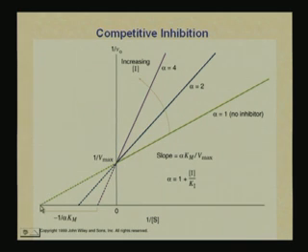This is my original minus 1 by Km. We increase the slope with inhibitor, right. Now, if I add more of the inhibitor, the slope is going to increase even further because my Km is going to increase even more.